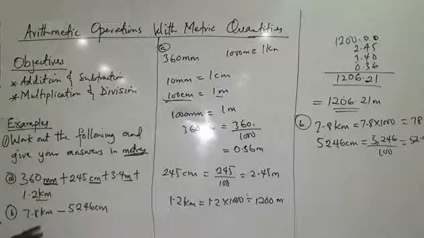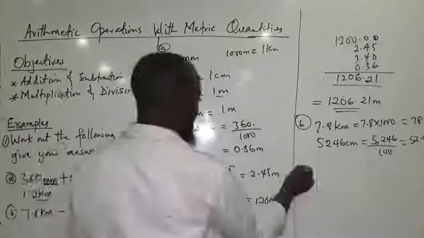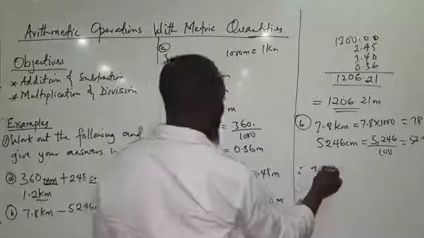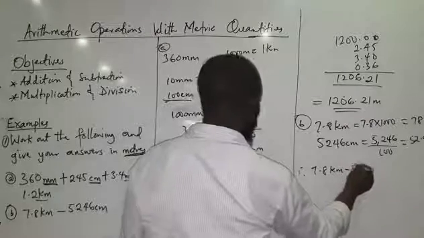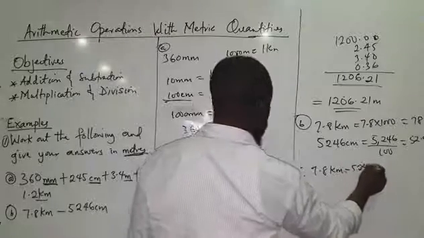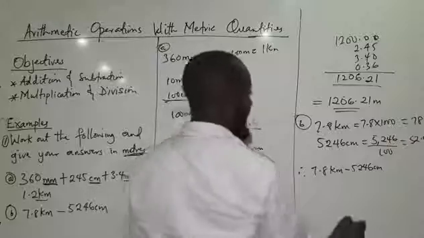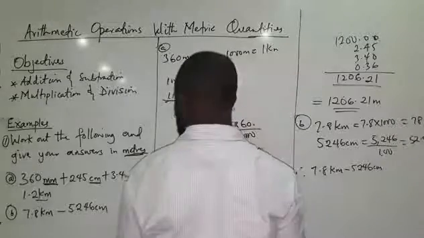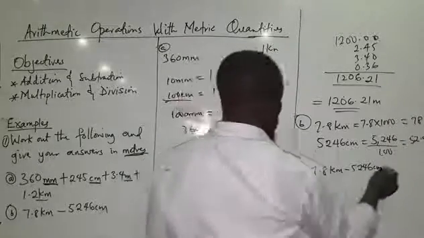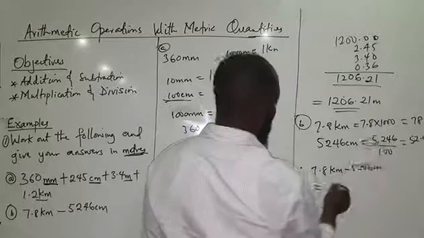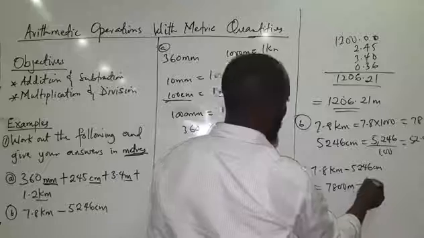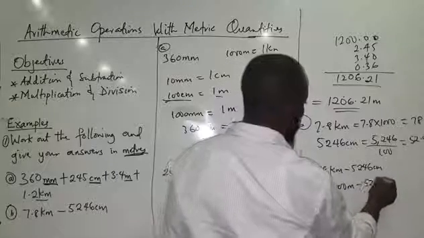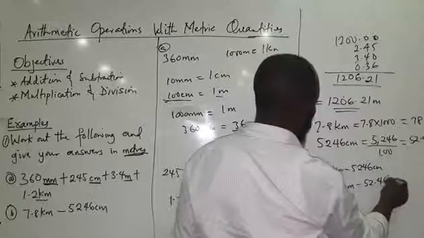So we are asked to subtract. Therefore, 7.8 kilometers minus 5,246 centimeters will be equal to 7,800 meters minus 52.46 meters.